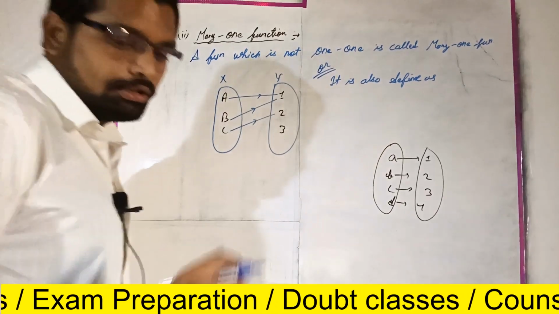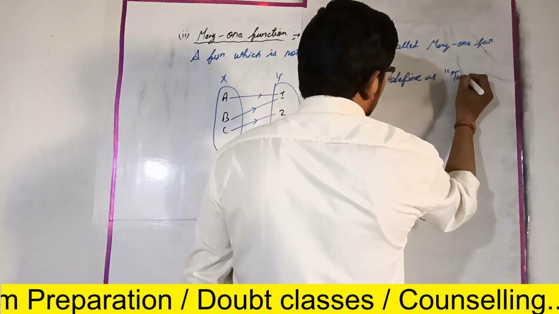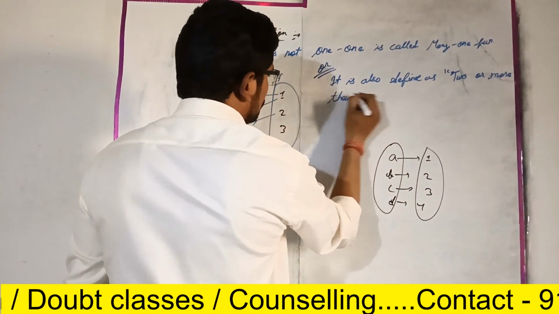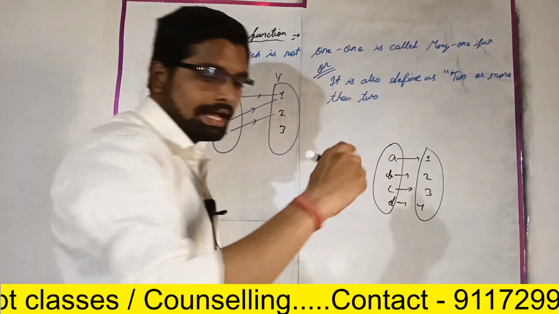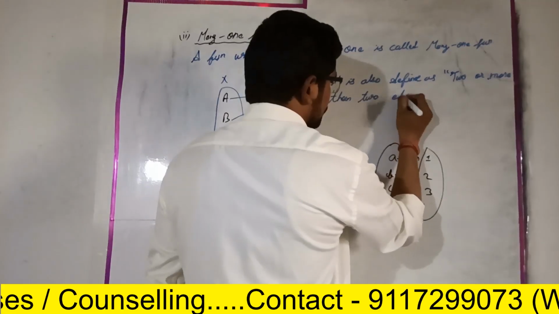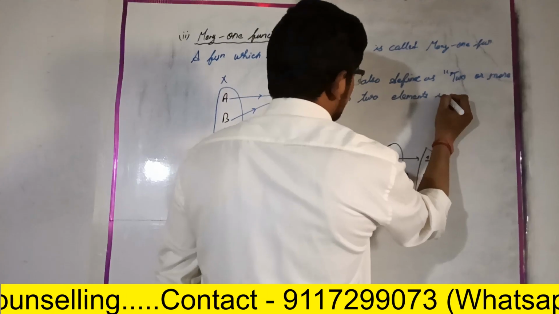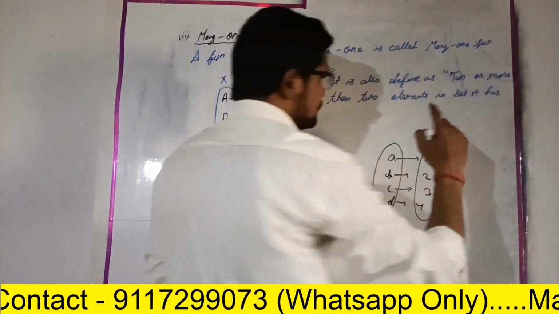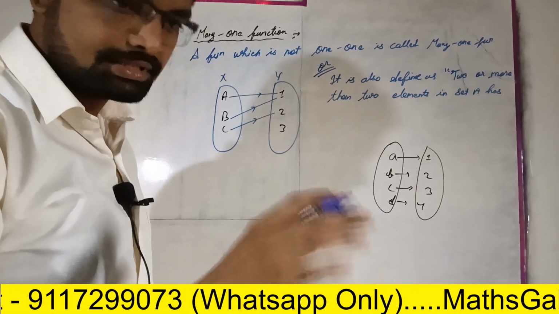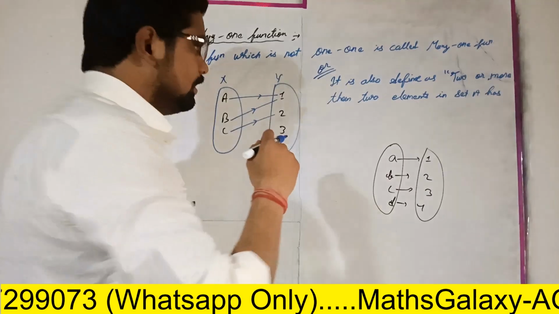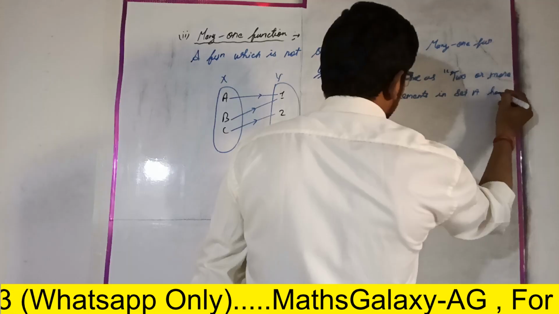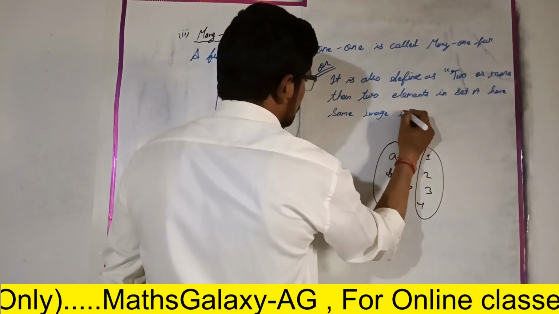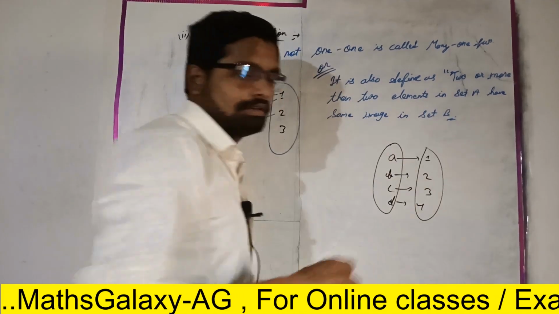It is also defined as: two or more than two elements in set A have the same image in set B. Is that clear?